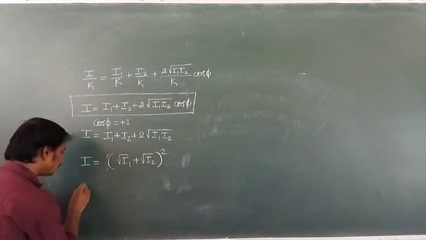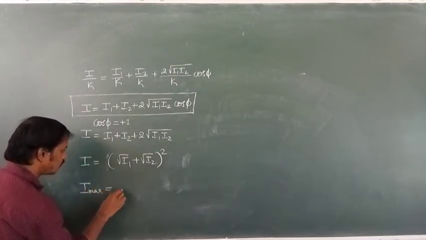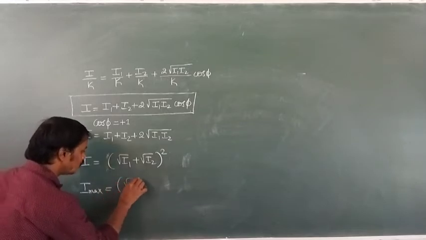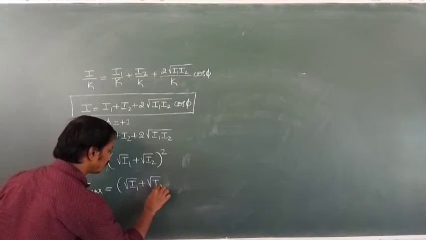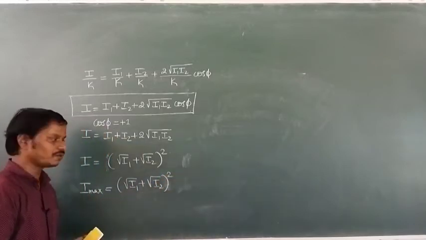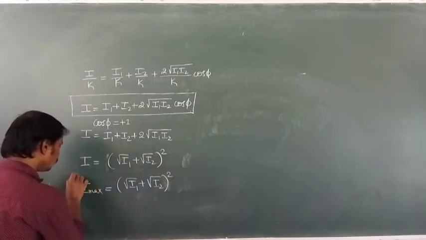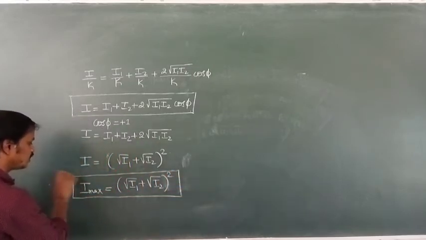Now it is the maximum intensity. Then maximum intensity is root I1 plus root I2 whole square. So this is the formula used to find the maximum intensity.